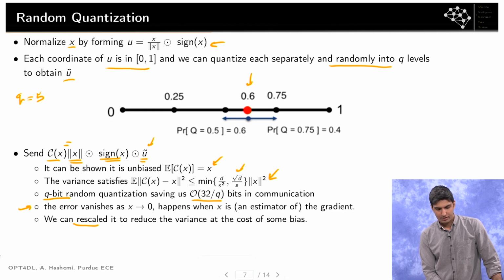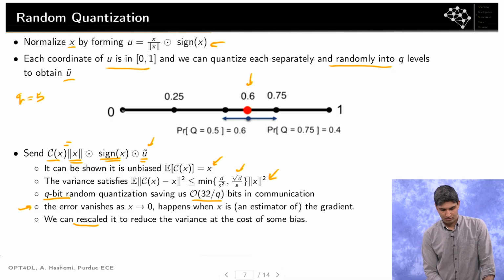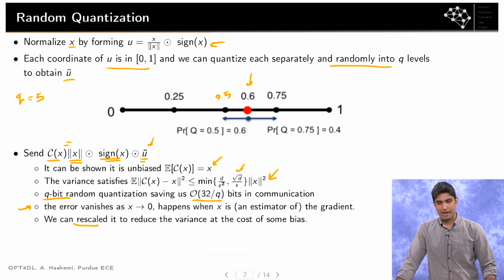That means I'm going to divide the interval between 0 and 1 into 5 different levels: 0, 0.25, 0.5, 0.75, and 1. Now, when I want to quantize this value 0.6, I can do it in a deterministic way, or in a randomized way. The deterministic way says that 0.6 is closer to my level 0.5 than to all the other levels, so I assign it to be 0.5 and communicate that. That's the deterministic approach.